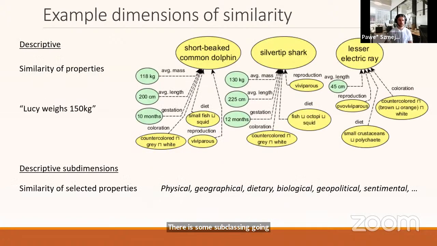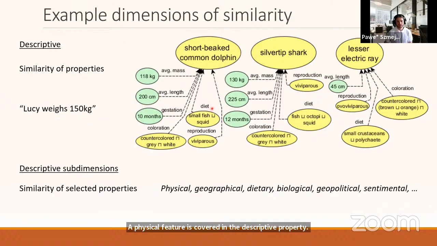The descriptive dimension of similarity, contrary to the taxonomic one, describes similarity of properties, so something that an entity has as opposed to what it is, which is covered by the taxonomic similarity dimension. So for example, weight, a physical feature, is covered in the descriptive dimension of similarity.